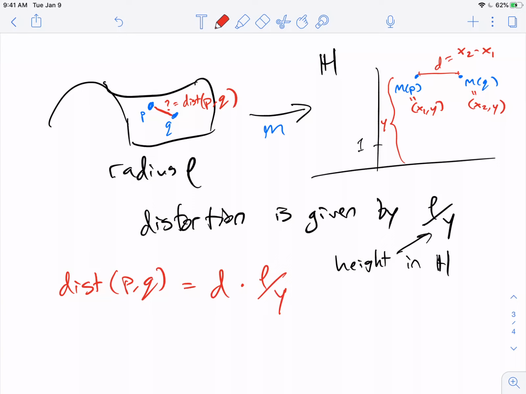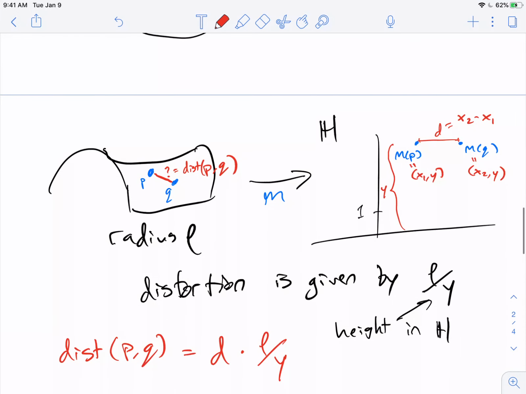Okay? And so this tells you that as I look at points which are higher and higher on the upper half plane, y is getting larger, so rho over y is getting smaller.